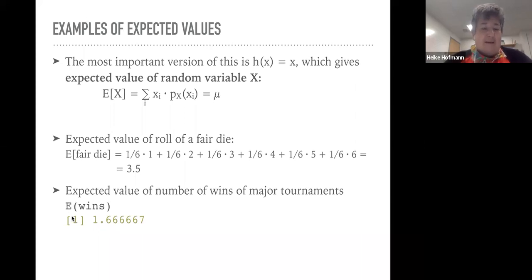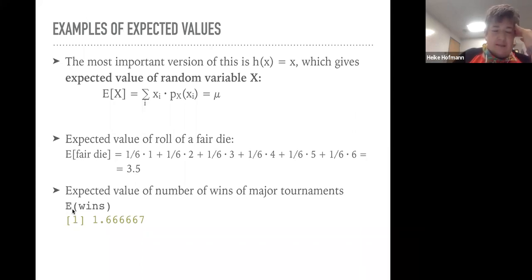evaluating these expected values. What I would like to point out here is E of wins, that's actually a little piece of R, which is why it looks so funny with the green here. I'm trying to show all of the results that we get from R in this green color. So E of wins is an actual function call. Wins is the random variable that we defined earlier for the your turn.